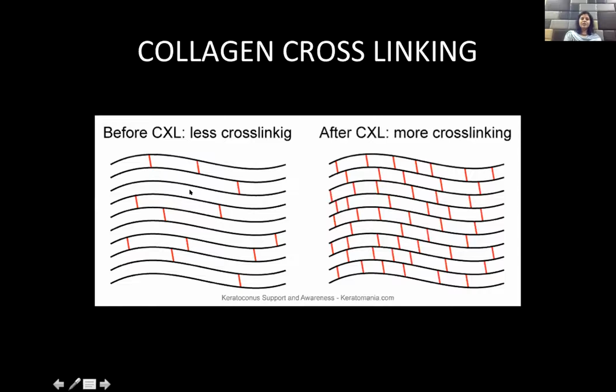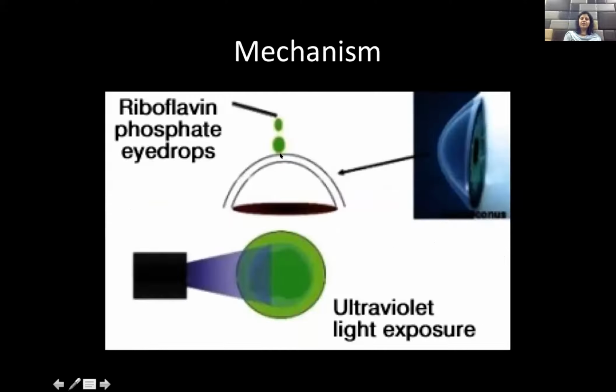So on the left side, you can see that before cross-linking, there are bonds between the collagen fibrils in the cornea, and they are lesser. And after collagen cross-linking, these bonds increase. So you use riboflavin eye drops and you put it into the cornea.